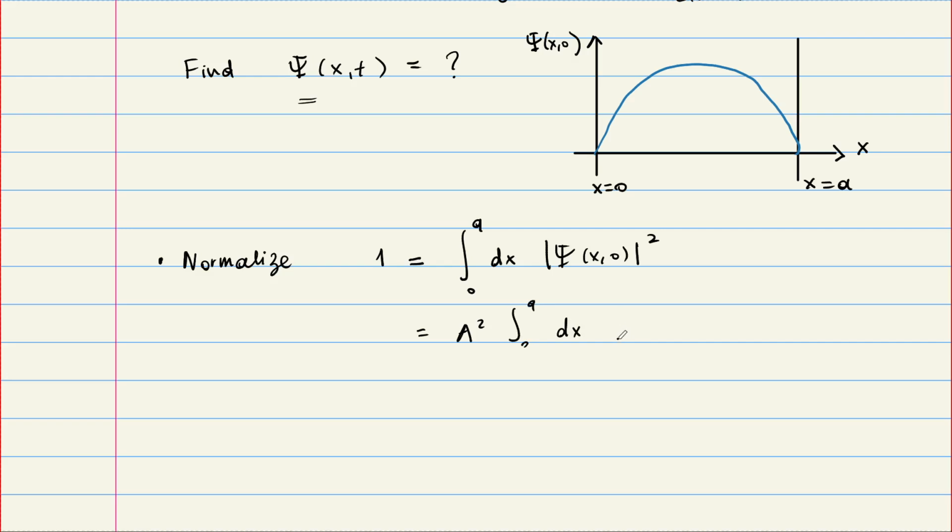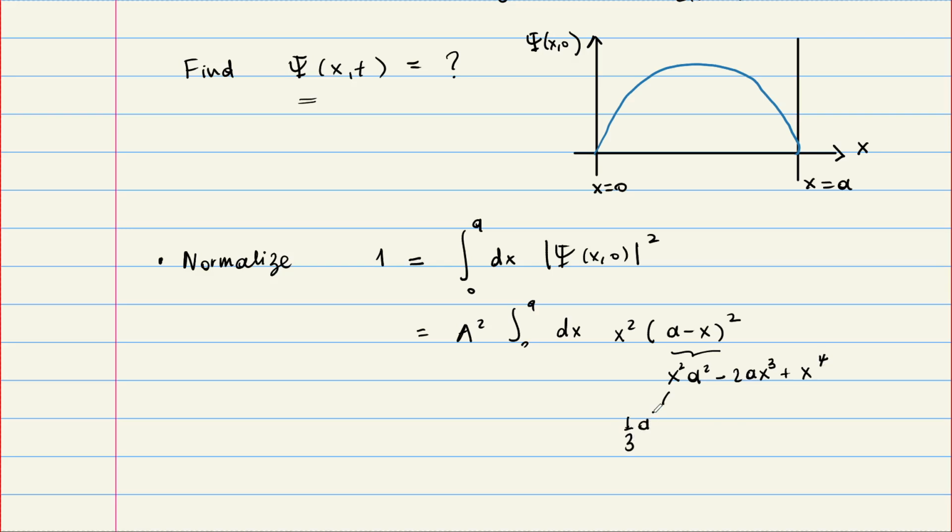So this is x squared times a minus x squared. This a minus x squared is a squared minus 2ax plus x squared, and I multiply with x squared. So this is x squared a squared, this is x cubed, this is x to the 4th.